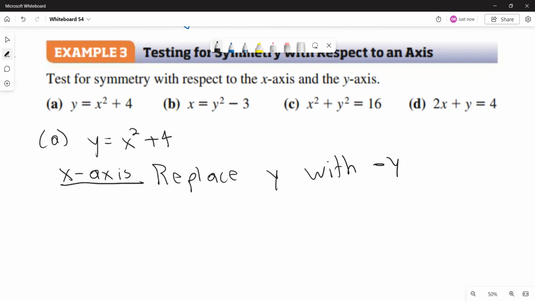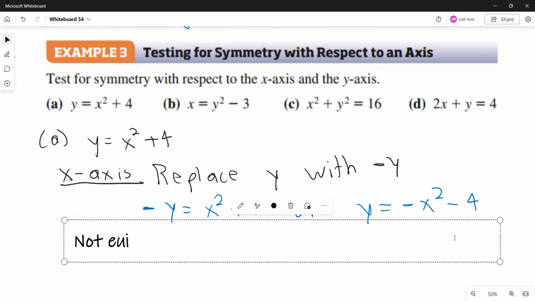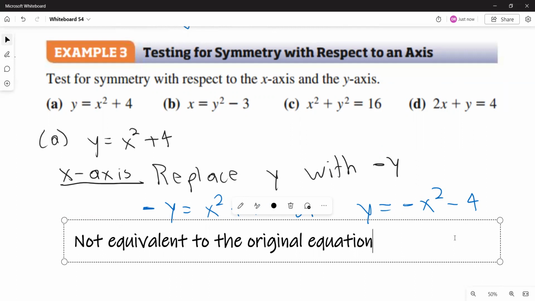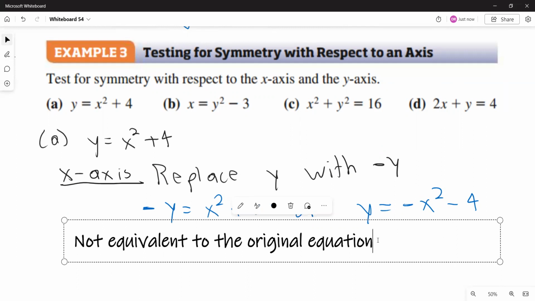Only problem is that if I replace y with -y, I have that -y is x squared plus 4, or y is -x squared minus 4. In any case, this is not equivalent to the original equation. So this is not symmetric with respect to the x-axis.